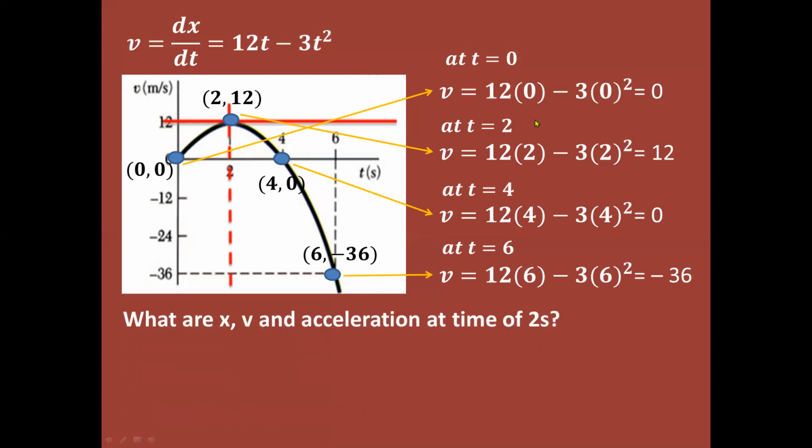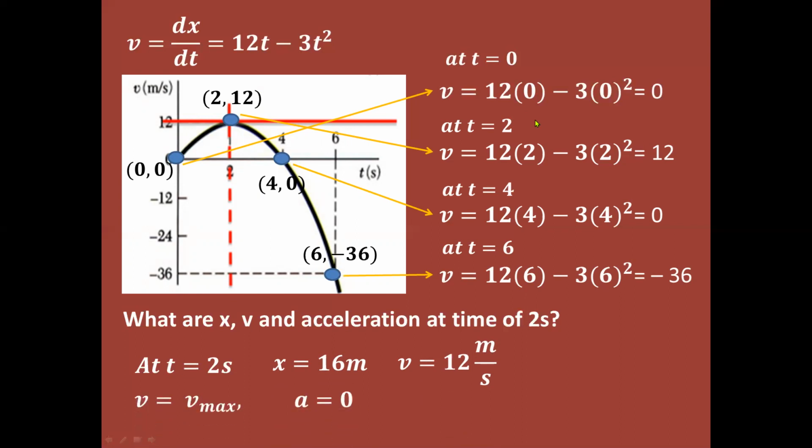What are x, velocity and acceleration at time of 2 seconds now? Time of 2 seconds, obviously, x is equal to 16 meters, as we have calculated in our previous slide. Velocity is 12 meters per second when time is equal to 2 seconds, as we can see in our graph.